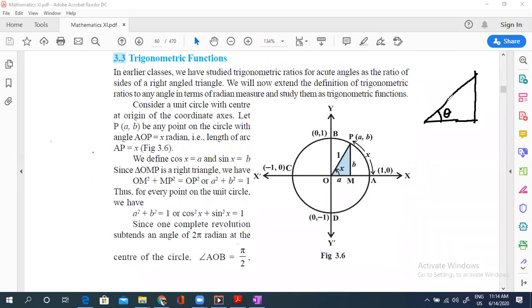In a right angle triangle, the side adjacent to the reference angle is called the base. The side opposite to the reference angle is called the perpendicular, and the third side is your hypotenuse. So these are the 3 sides of a right angle triangle: perpendicular, base, and hypotenuse. I guess all of you know this.